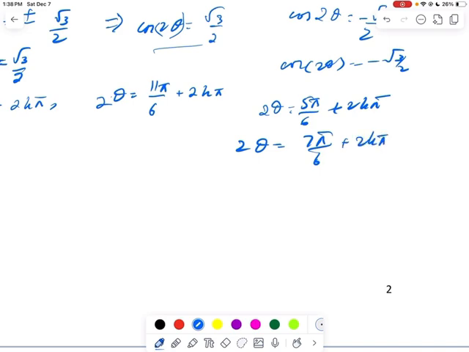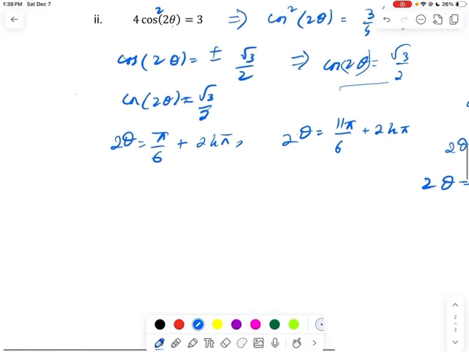Why did I get these? Because remember, we are looking at a cosine, and cosine is negative in the second and the third quadrant. So we are here and here.